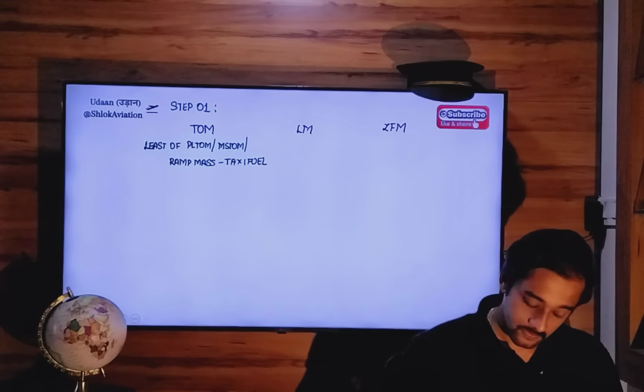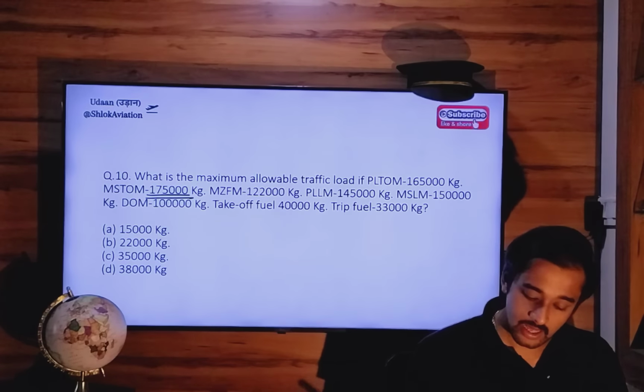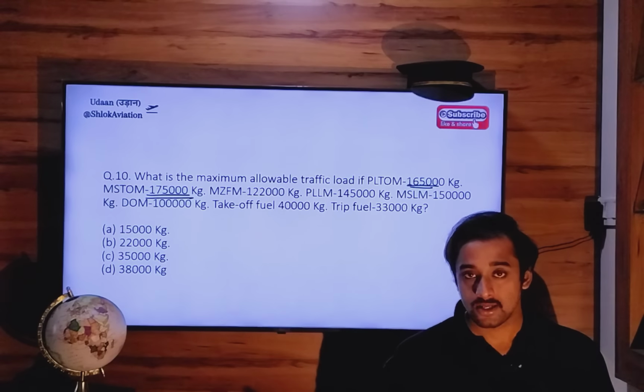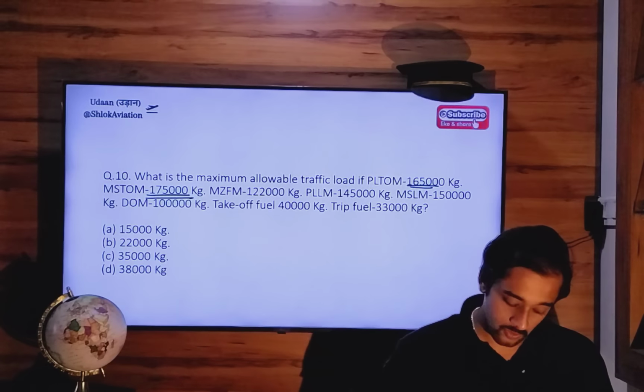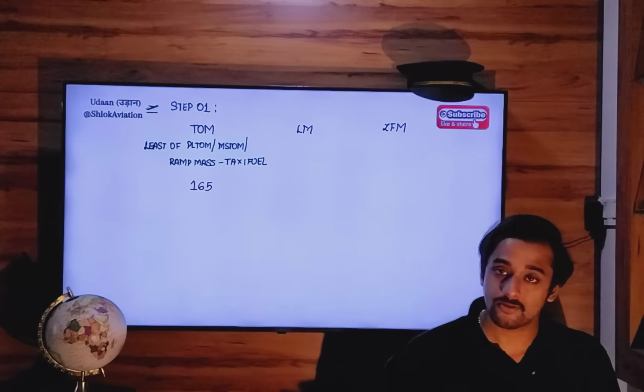So now we have two values in front of us, 175,000 and performance limited takeoff mass 165,000. So the value which is lesser is 165,000. So we select that and write it here 165.